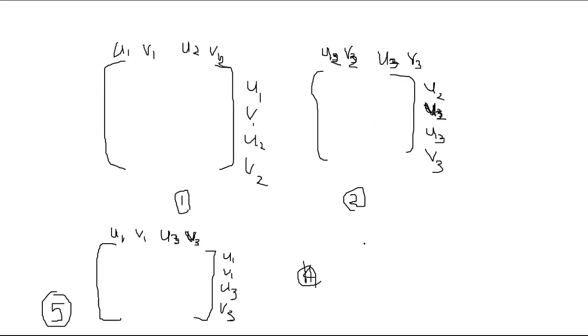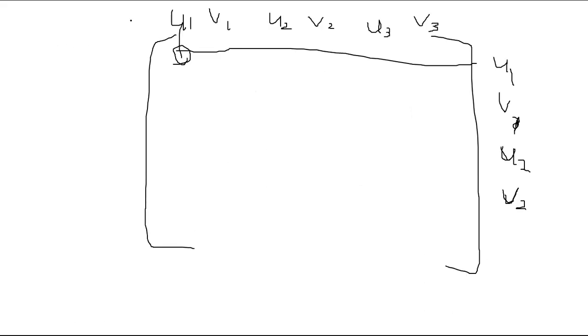Those are connected at node 1. 1 to 4 means U1, V1, U4, V4. So you need U1 row, U1 column.